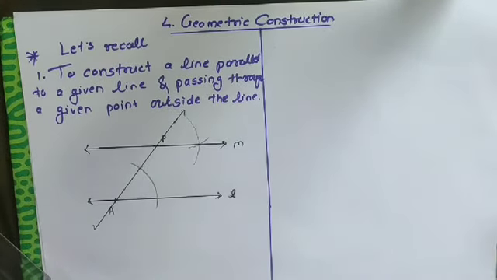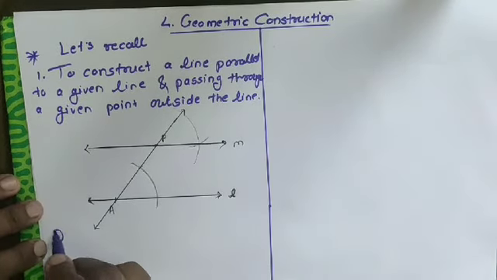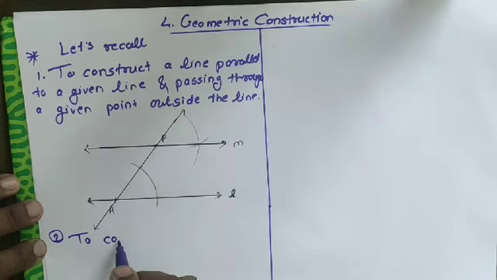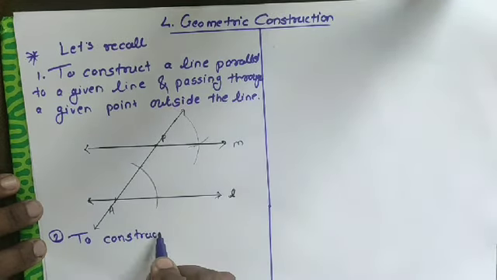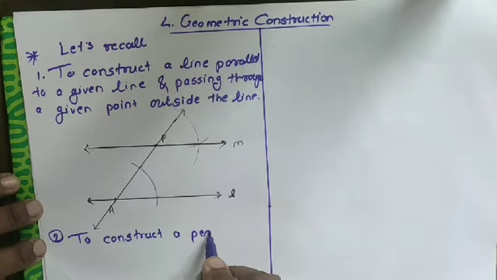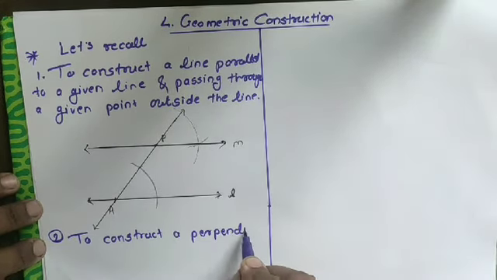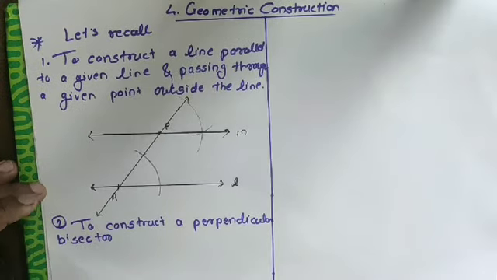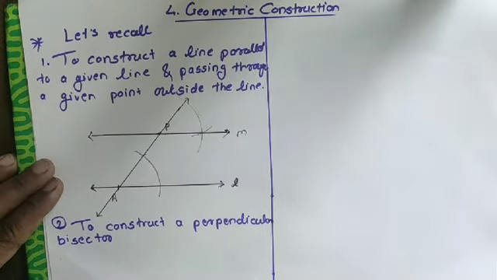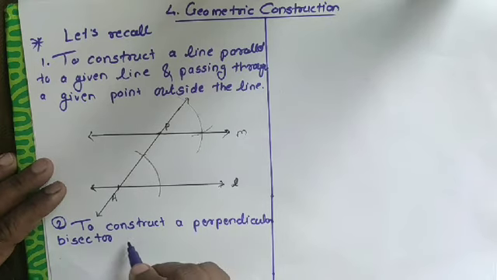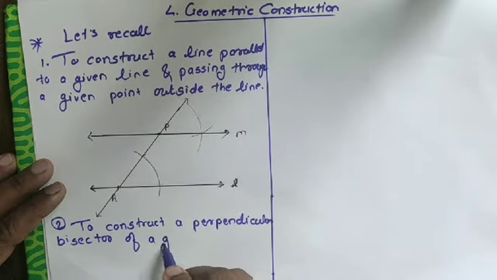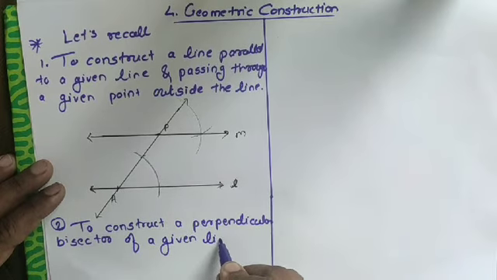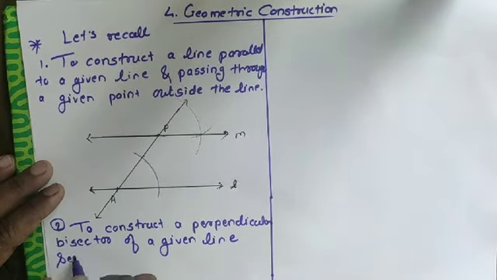So I will write here the heading: second one, to construct a perpendicular bisector of a given line segment.